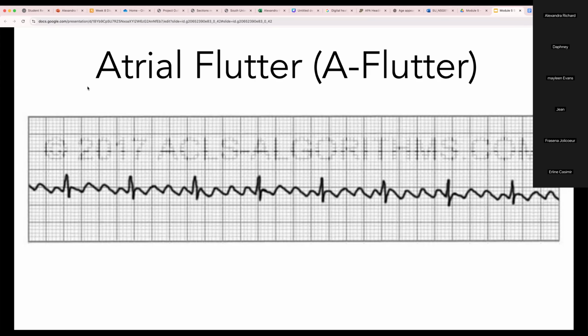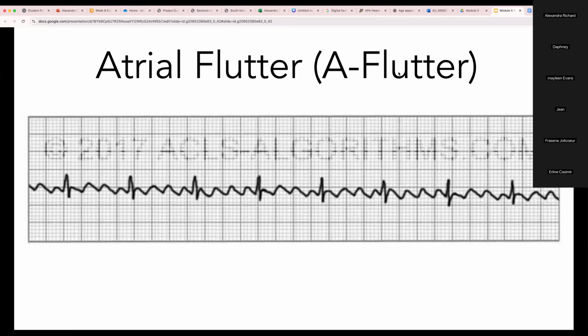And so between AFib and aflutter, which one is more likely to respond to medication? AFib, very good. Atrial fibrillation is more likely to respond to medication.